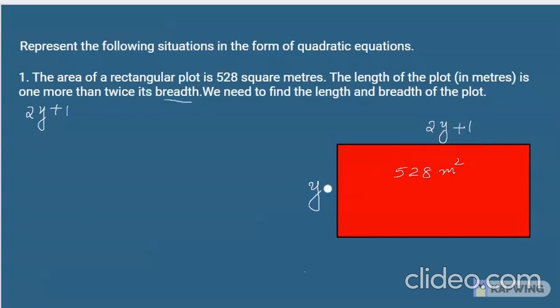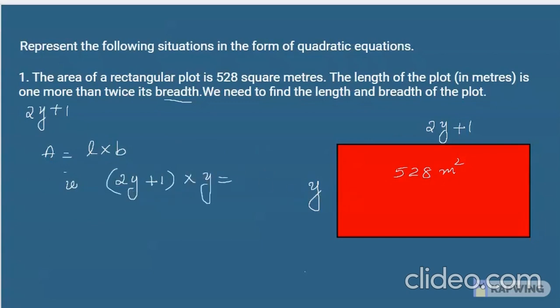If you have length and breadth, how can you connect these two? And area, of course. We have area equals length into breadth. So area is given, it is 528. Let us substitute 2y plus 1 for the length, into breadth, which is y.